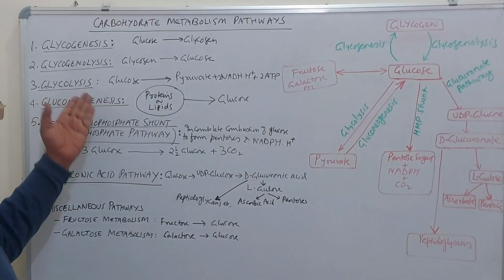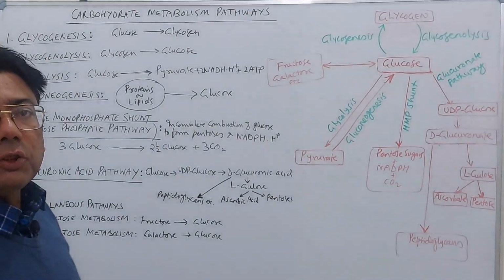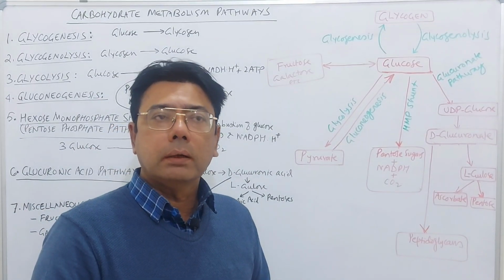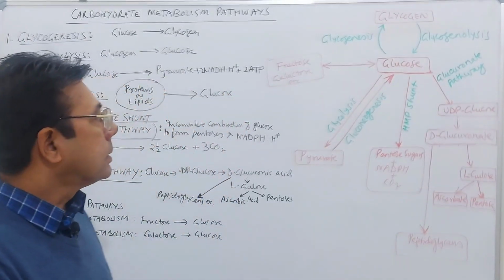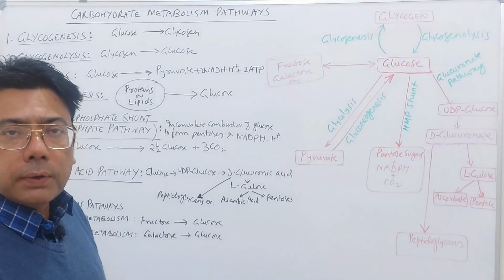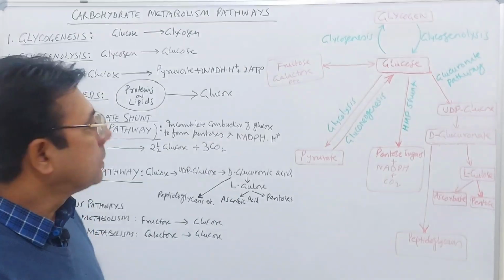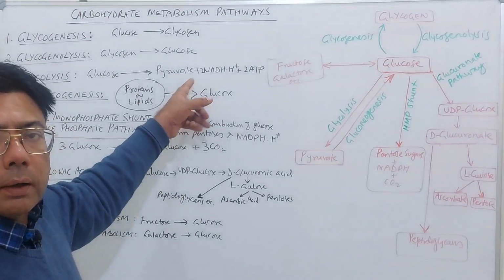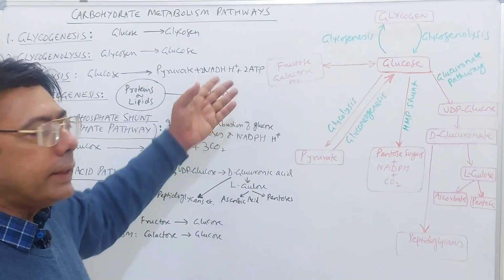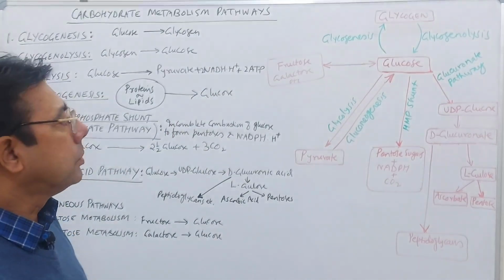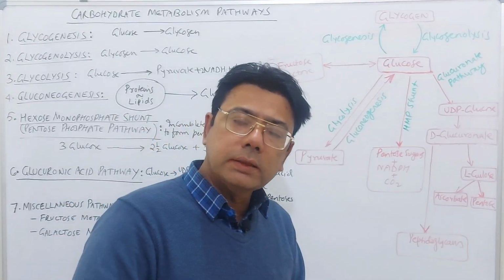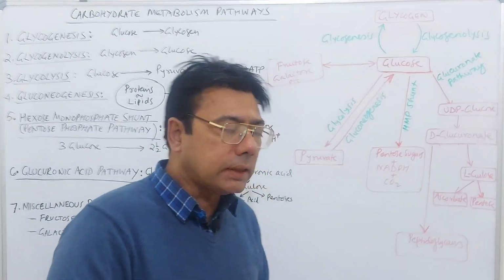Then there is a very important process, glycolysis, which is ubiquitous and is found in all aerobic and anaerobic organisms, and it is the process used for harnessing energy from glucose. It results in production of pyruvic acid, NADH and ATPs from a glucose molecule. It takes place in the cytosol of eukaryotic cells and prokaryotic cells as well.